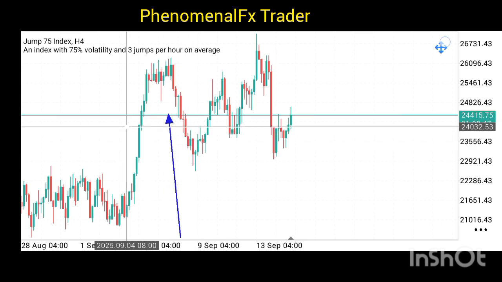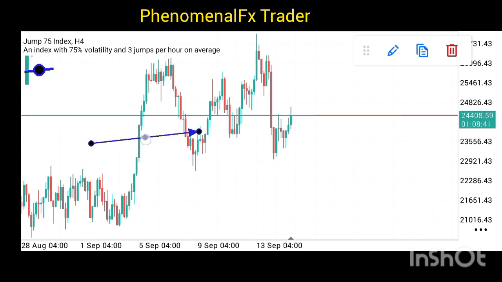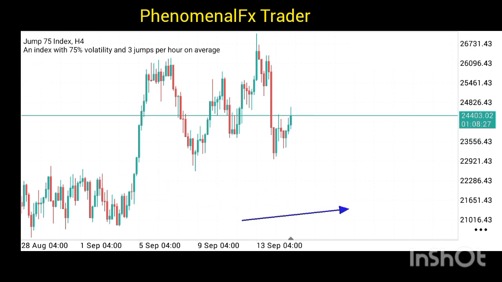Also, this is the lowest point it got to, then it got to a higher high, then it created a higher low at this point, meaning there's a strong bullish trend right there that should be considered.